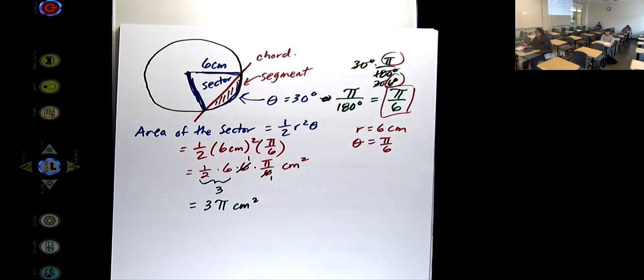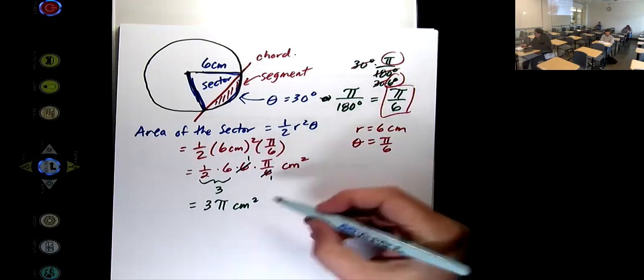Now that's not really a helpful number, but at that point, putting 3 times pi in a calculator goes real quick. And that is 9.42 centimeters squared.